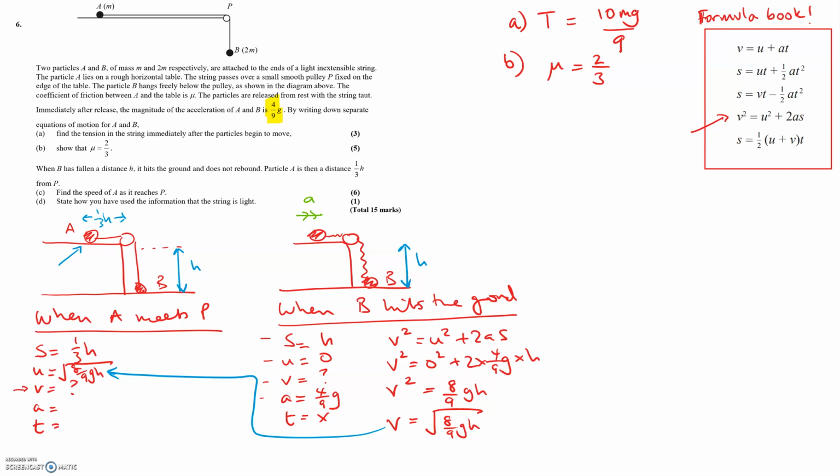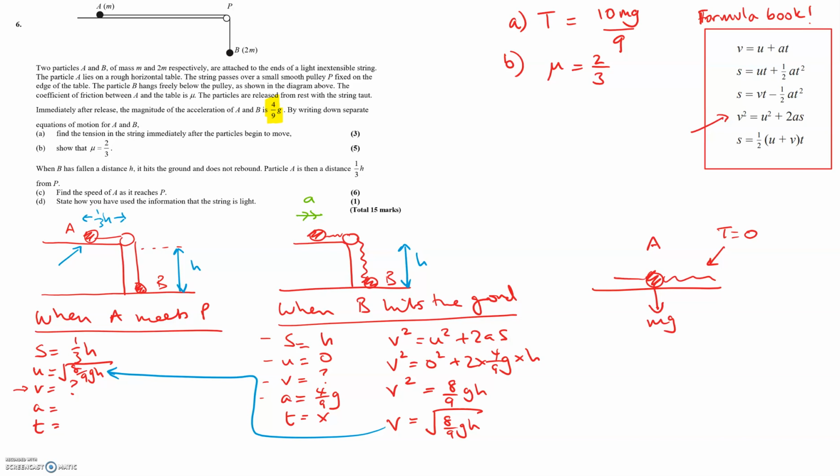So in order to find that acceleration, I'm going to need to consider forces again. So there's one more diagram I need to draw, and that's what are the forces acting on A once the string has gone slack. If the string's gone slack, this means that there's no tension in the string.